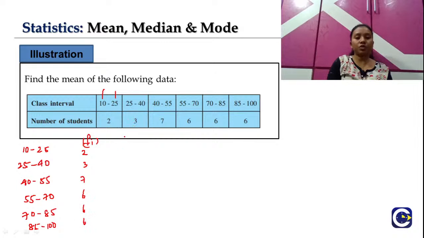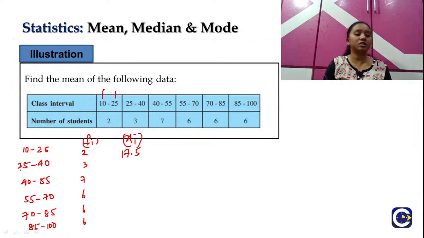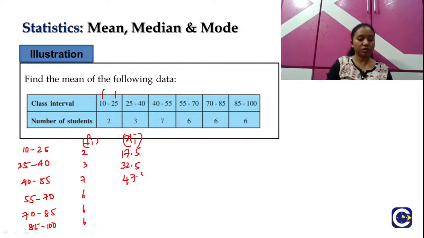But now in order to apply our formula, we have to find xi. So xi is nothing but the midpoint here. So 10 plus 25 is 35 divided by 2, which is 17.5. 25 plus 40, 65 divided by 2, that is 32.5. And then 40 plus 55, 95 divided by 2, which is 47.5.